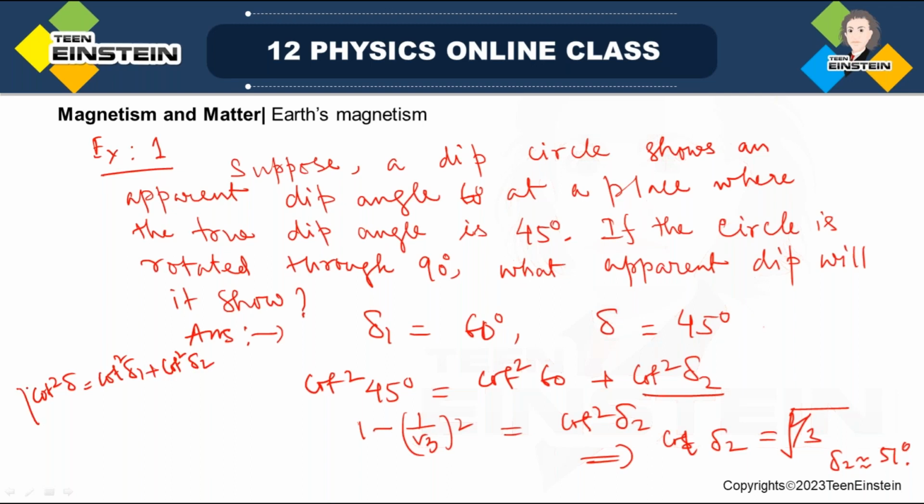This formula lets us find the other apparent angle in the perpendicular plane. Because the circle was rotated through 90 degrees, it is now in another plane, and we have to find the apparent angle in this plane.